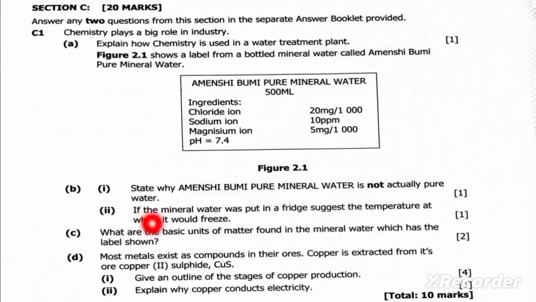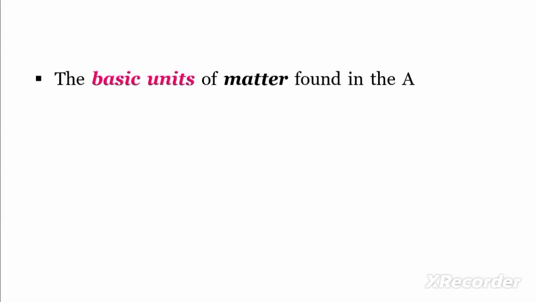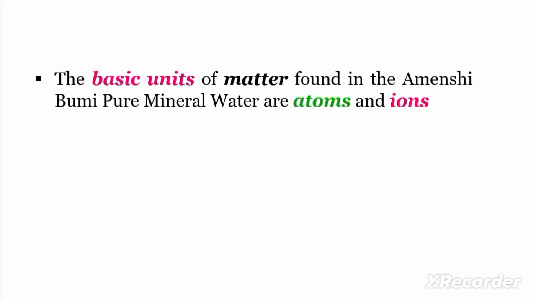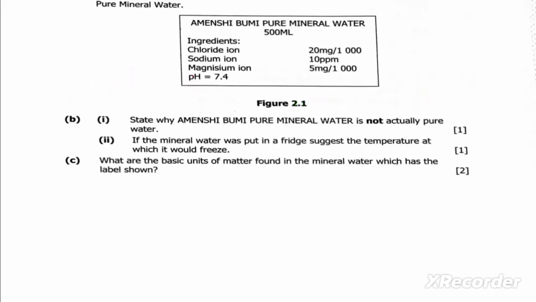We move to see what the basic units of matter found in the mineral water with the label shown are. The basic units of matter found in the Amenshi Vumi pure mineral water are atoms and ions.